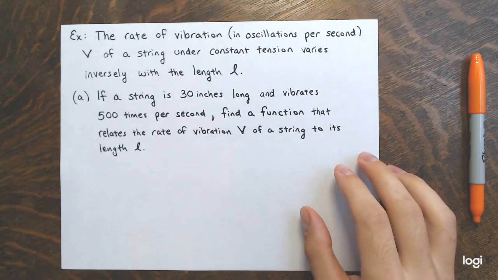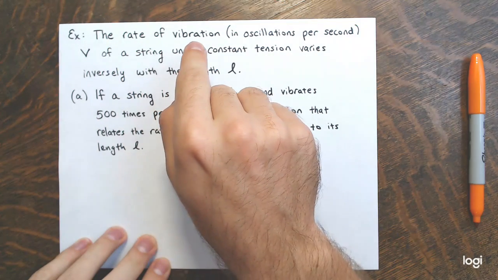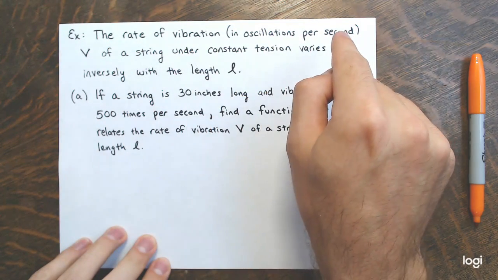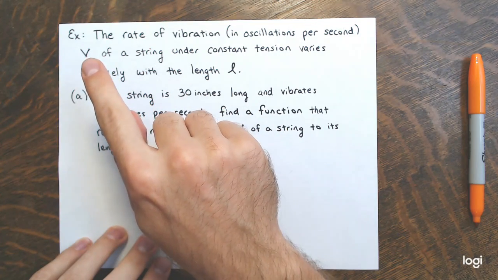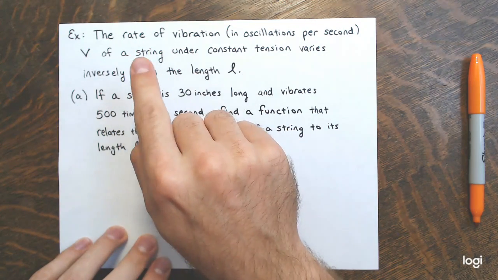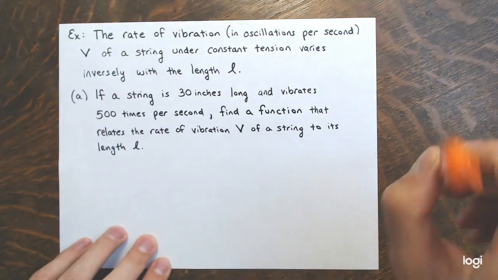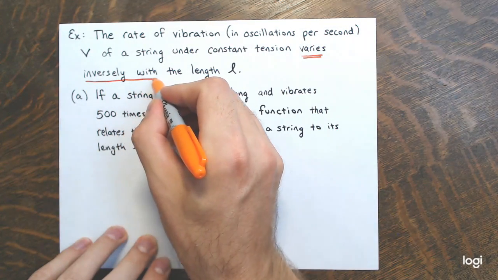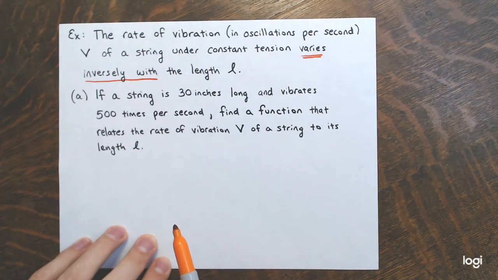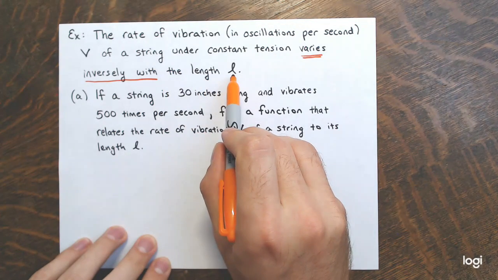A little more wordy, but it says here: the rate of vibration in oscillations per second, denoted by variable v, of a string under constant tension varies inversely with, or is inversely proportional to, the length of the string, represented by a variable L.